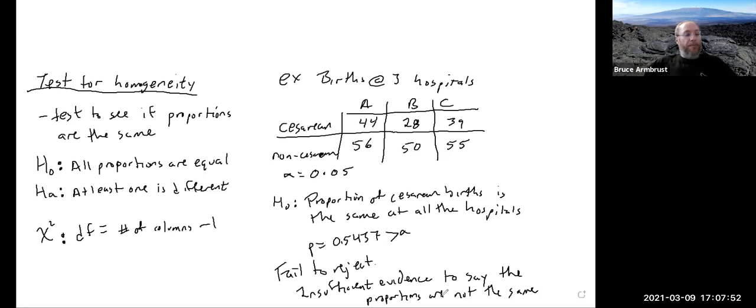All right, so there you go. There's your test for homogeneity. And this can come in all kinds of forms, but it always has to be a yes, no, right? It's got to be some sort of binomial yes, no, and we're looking at the proportion, the percentage in that arena.